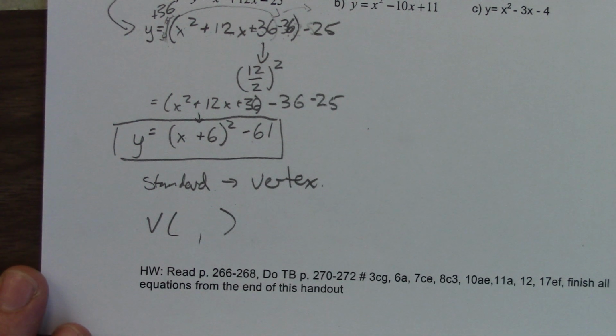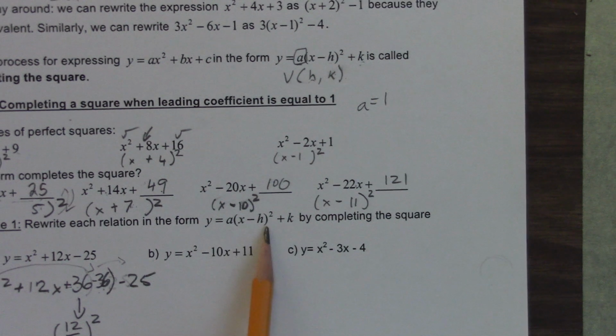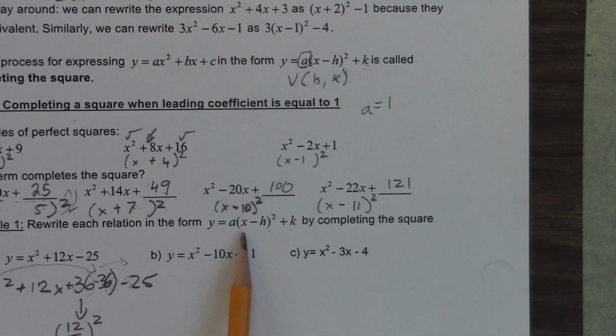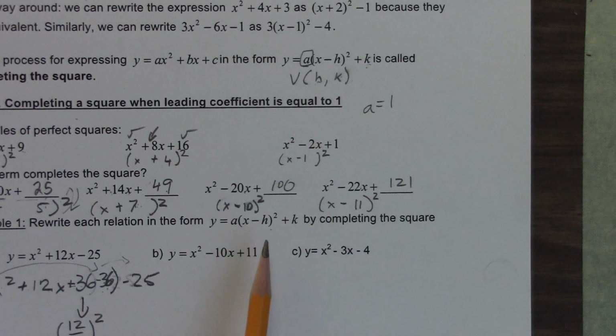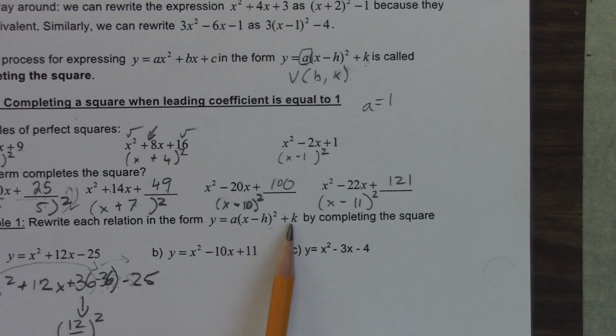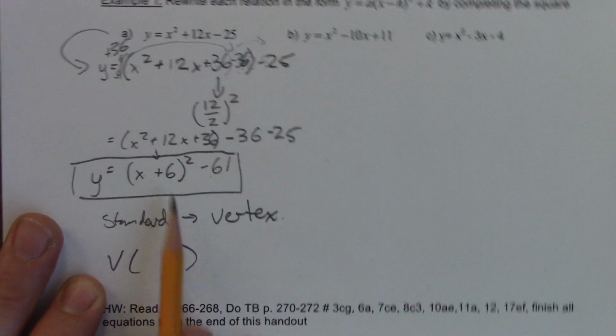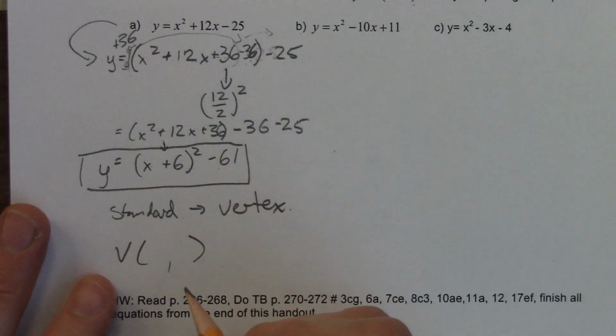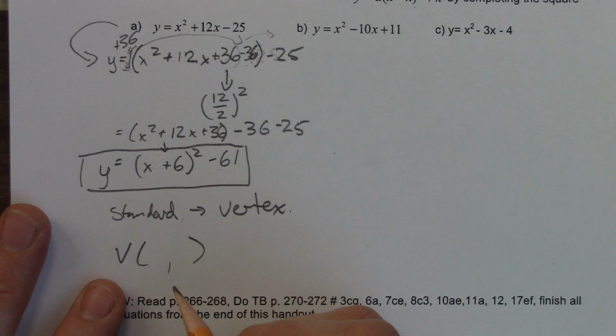That's the reason we're doing this. Vertex form is over here, Rudy. What's the vertex here? H and K. Yeah, H and K, exactly. So what's the vertex here? So 6 and negative 61.